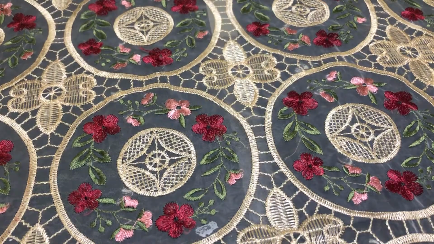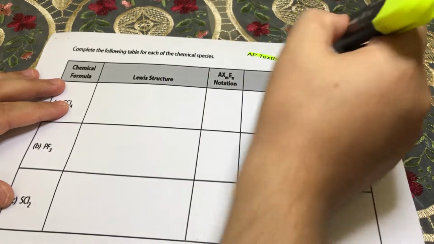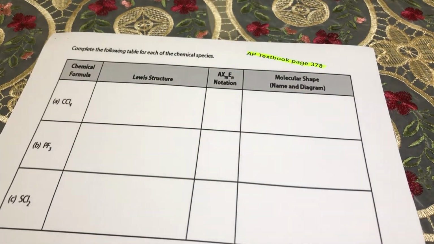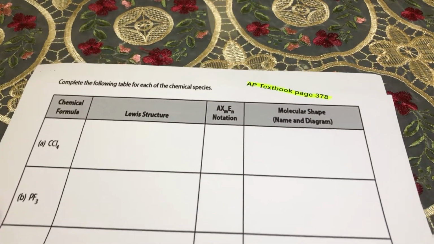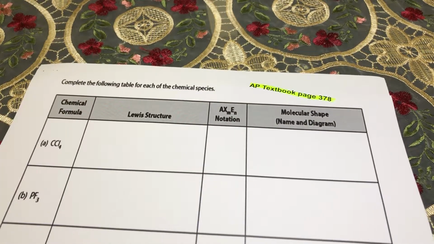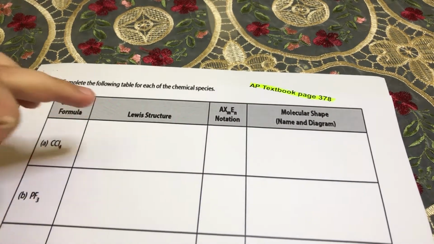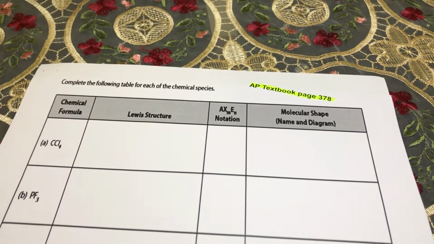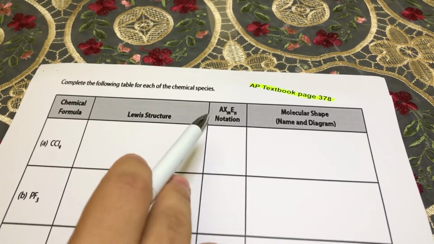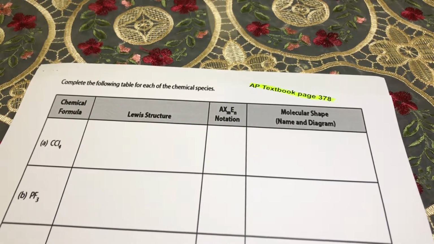Let's now take some examples from the AP textbook, on page 378. We have carbon tetrachloride. We need to fill in the Lewis structure and write the AXmEn notation.